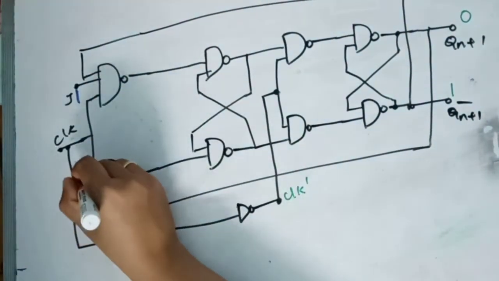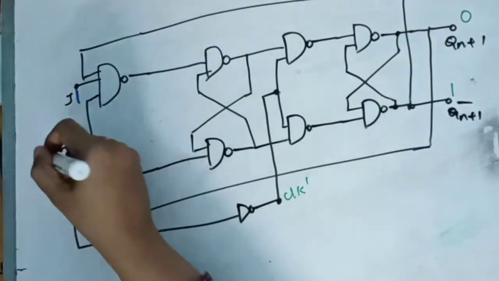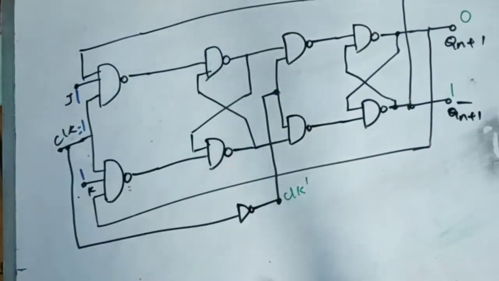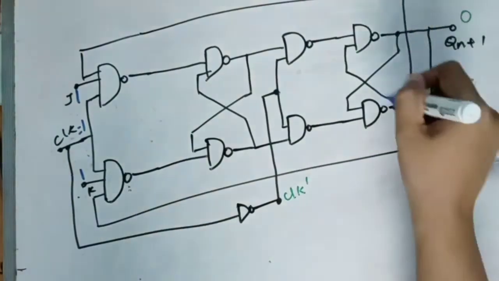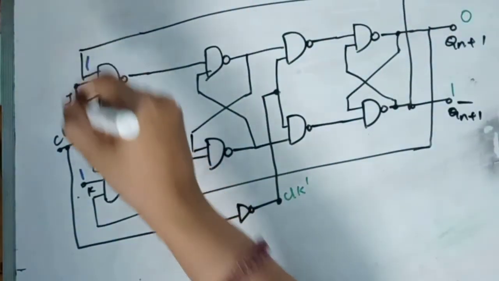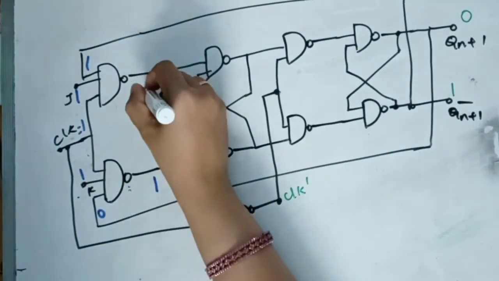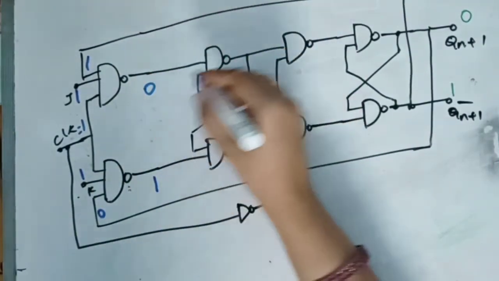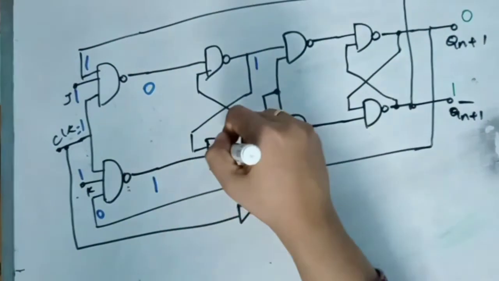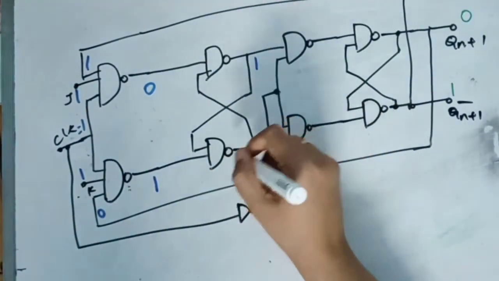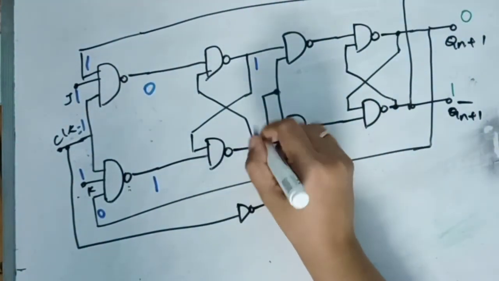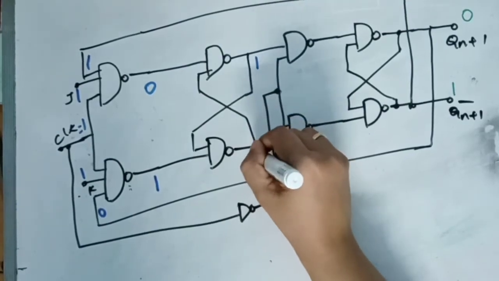J equal to 1, K equal to 1, and clock is equal to 1. So, here it is 1, here it is 0. So, here you have 1, 0. There 0 means here it's 1. And here, since this is 1, this is 0.